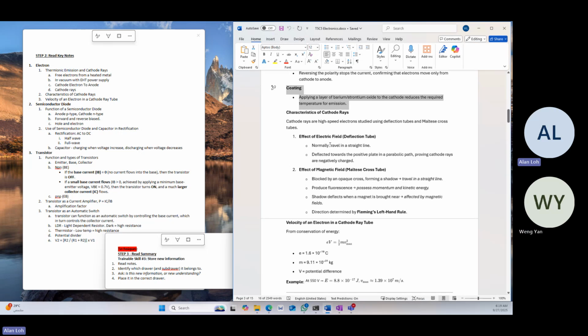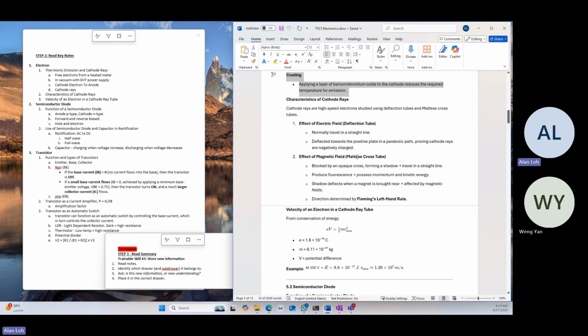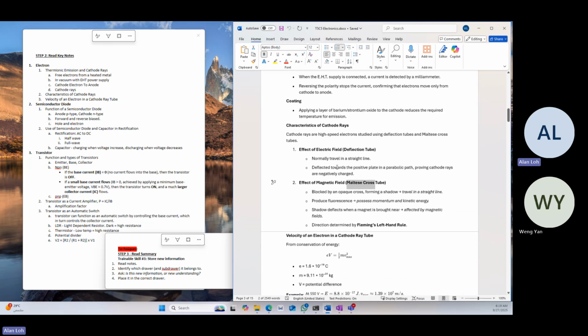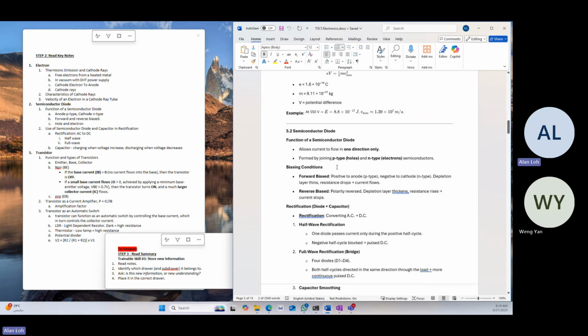So you can add those new information into your story or into your drawer, right? And the Maltese is like a cross. So maybe you can think of it like Teresa is also wearing a chain over her neck with a cross, right? So that will also help you to remember the important keywords for drawer number 1.